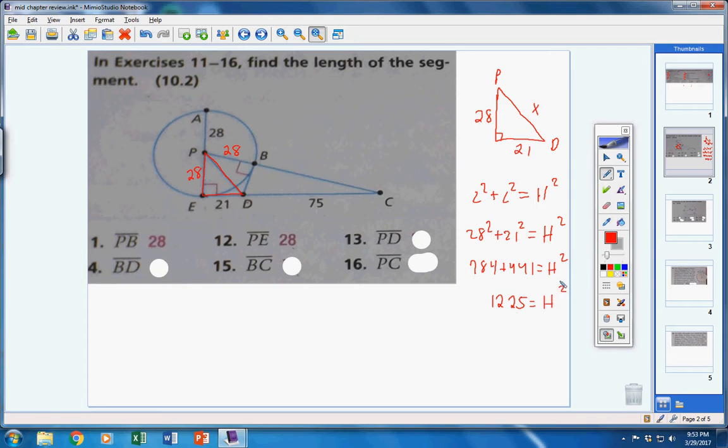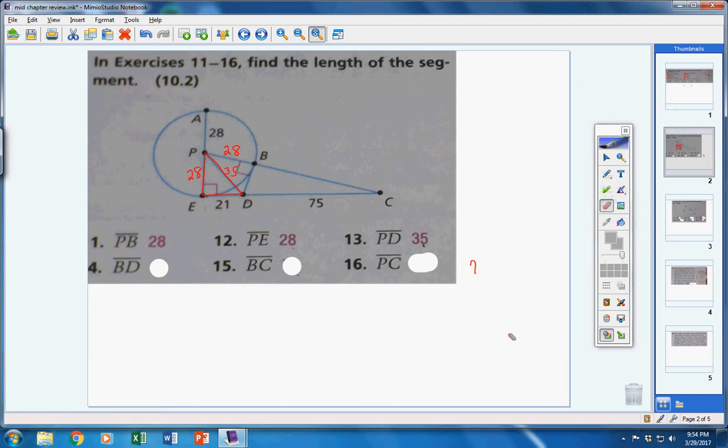The square root of 1,225 is 35. And the square root of h squared is h. So now I know the length of PD is 35. Alright, 35. So let's put that right here. We're going to probably need that later, okay? So PD is 35.